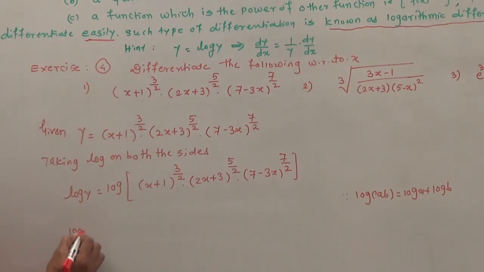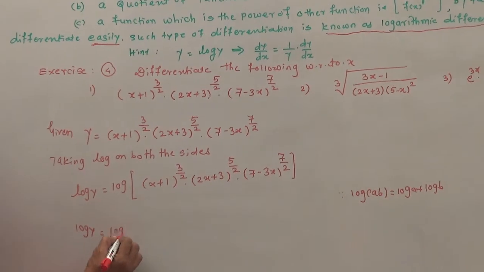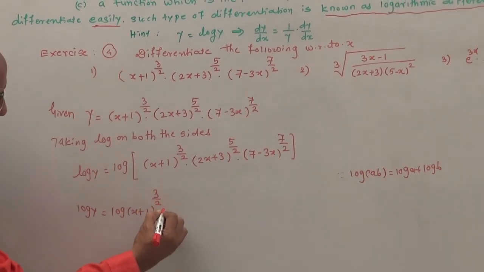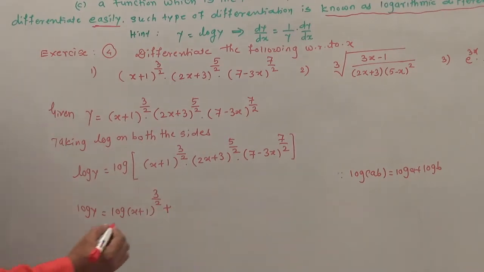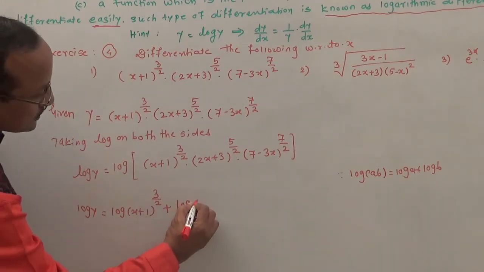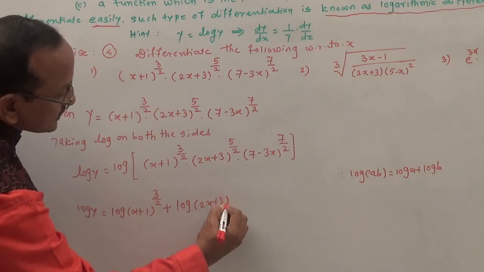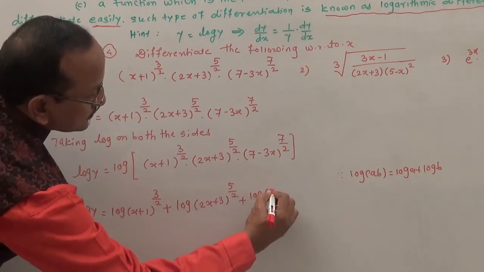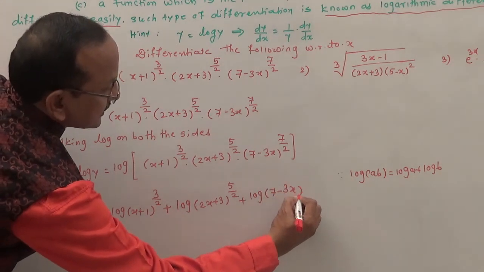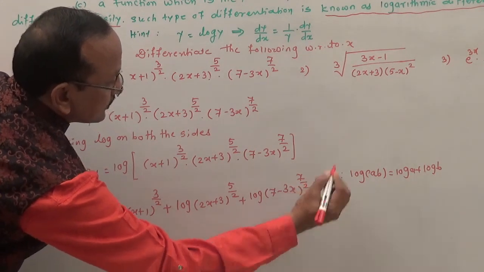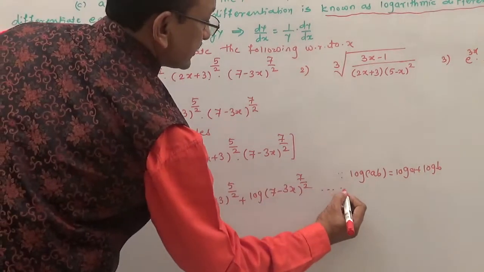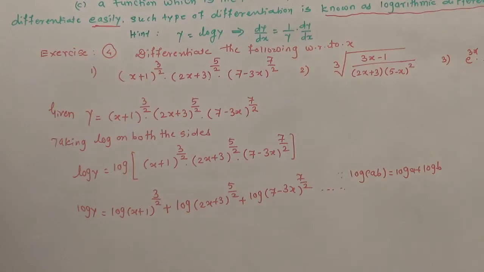Log y is equal to log of (x plus 1) raised to power 3 by 2 plus log of (2x plus 3) raised to power 5 by 2 plus log of (7 minus 3x) raised to power 7 by 2.